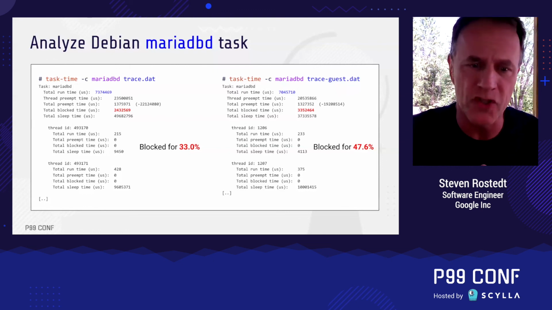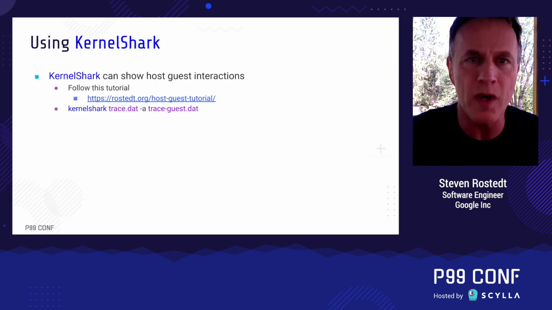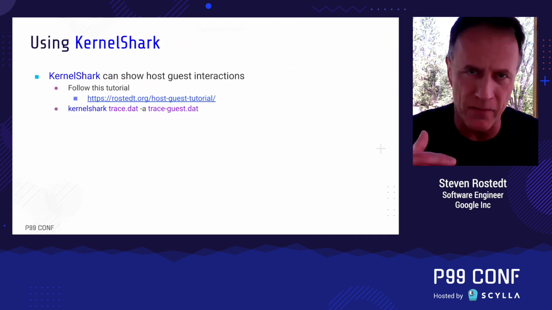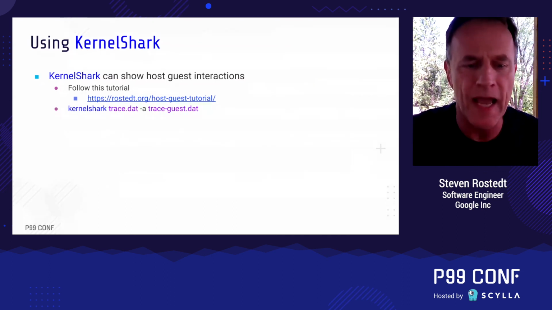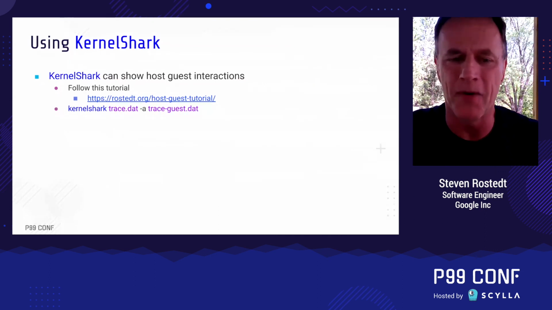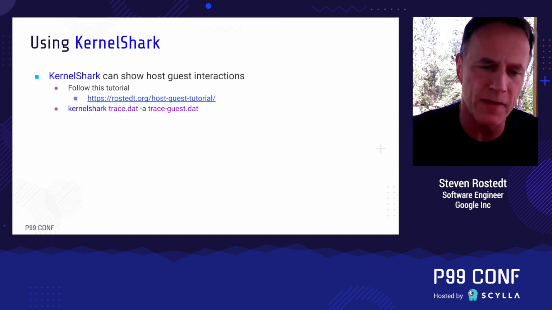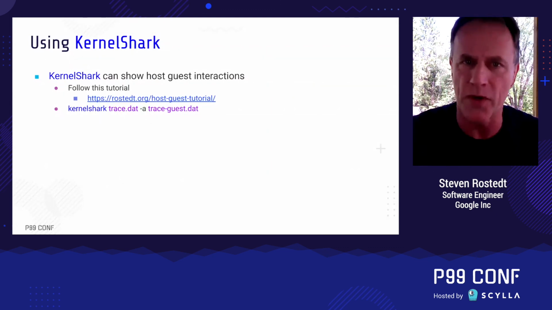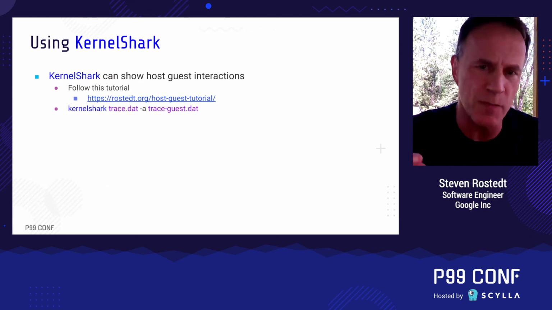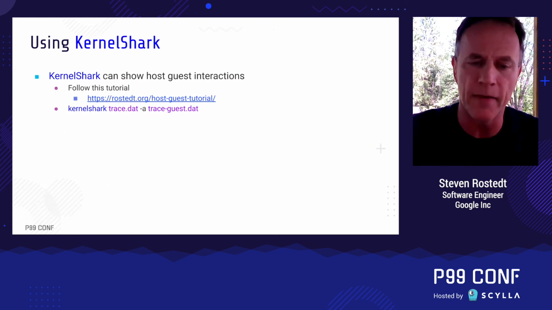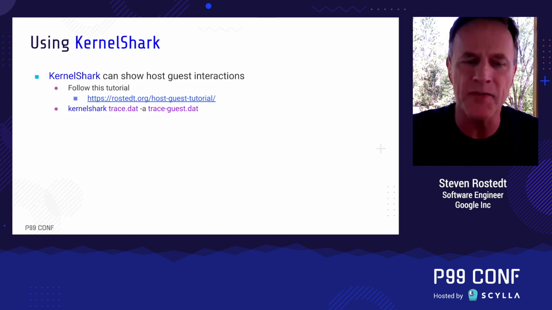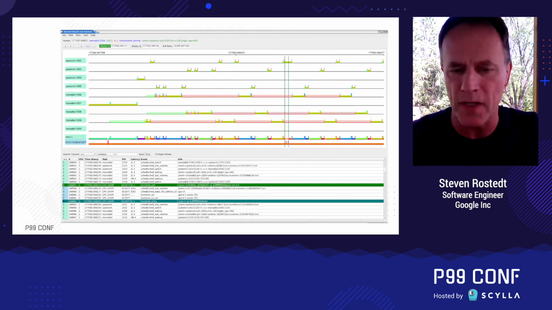Finally, I just want to do a shout out here. If you want to visualize the data from the guest to the host, I have a little tutorial link. I don't have time to talk about how to set this up, but with the trace.dat files I have from the host and the guest, if you run KernelShark with trace.dat with the -a, which means append trace-guest.dat, it gives you a nice little visual of the guest. So all the sysbench applications are running up there.